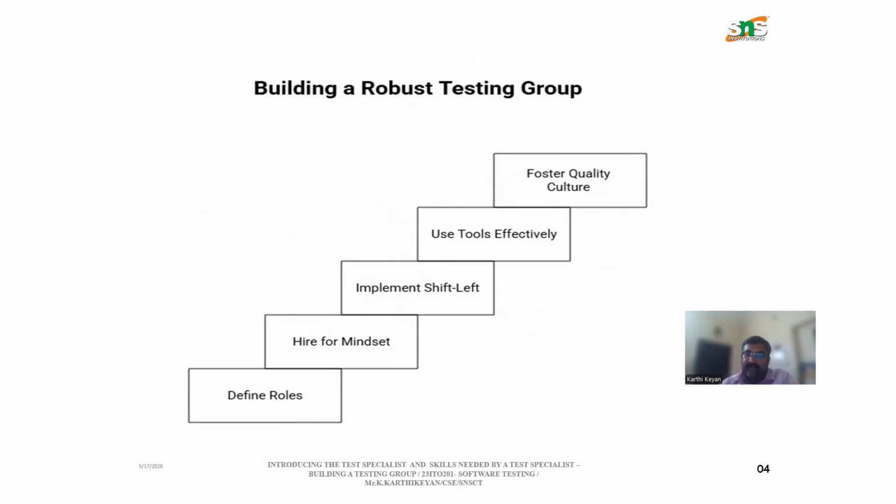Hiring the right mindset means hiring people with good knowledge to develop a quality product. Shift left is most important: each process moves forward based on your test manager's approval. Use tools: good tool management is one of the key areas. Fostering a quality culture is the second method.